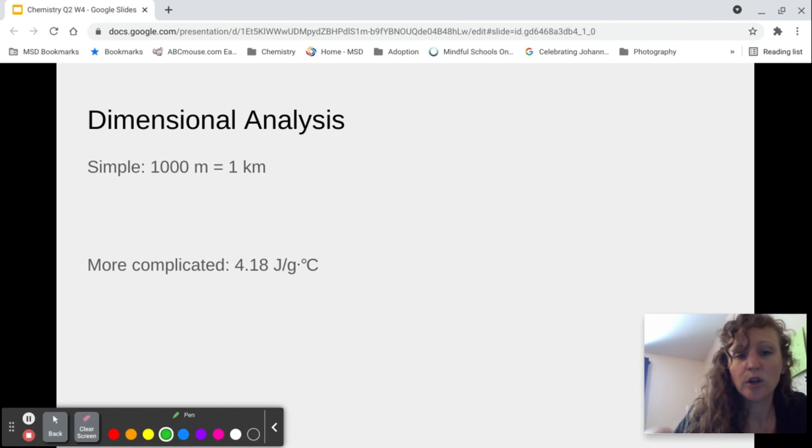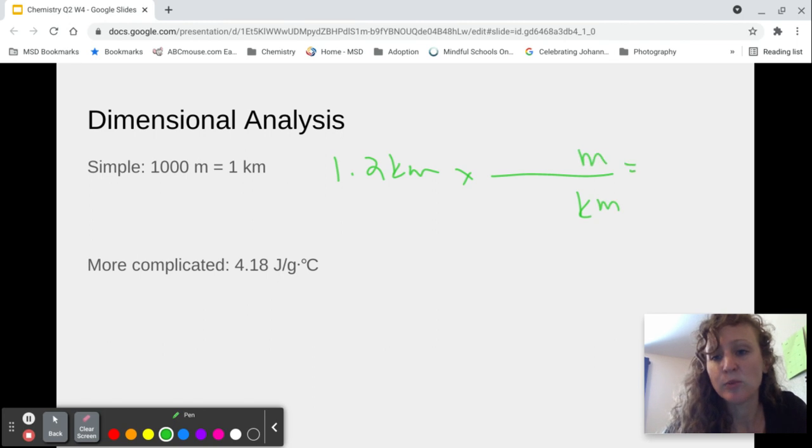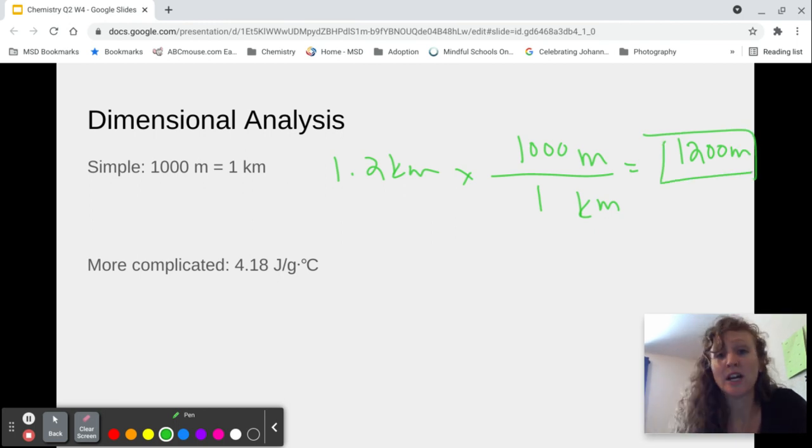Let's say you know the distance between your house and a store is 1.2 kilometers, right? We can use this same idea. We want to get out of kilometers into meters. I use that relationship between them to get into meters, right? I can go both directions. I can get out of meters or I can get out of kilometers.